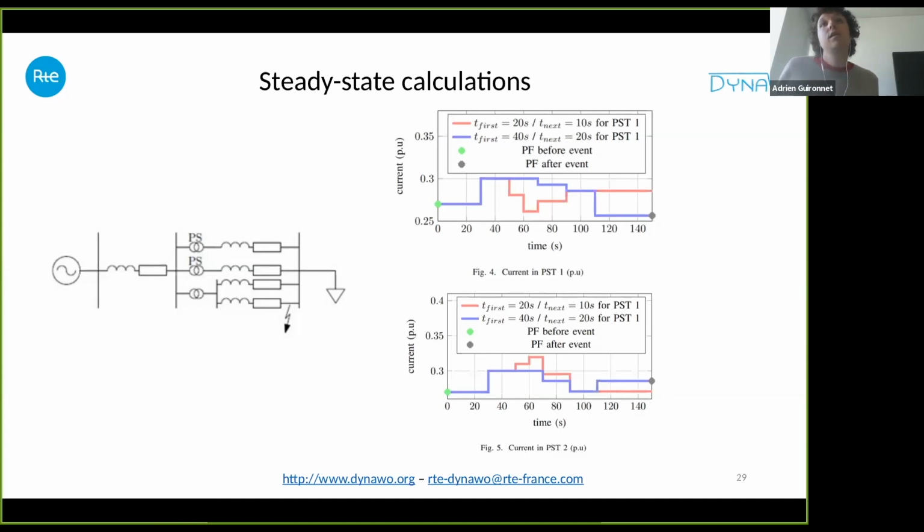but illustrative test case. You have a small network and you have phase shifters, which are special protection schemes that change the current in a line, but have a temporized action. So you change the current every X seconds. Depending on the interaction between the two protection schemes, you will end up with different final states.